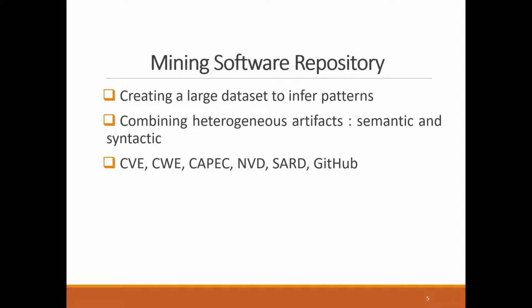And we have GitHub, which contains source code and all version information and commit messages of several projects. We want to combine all these data sets to create a super data set, and we have to mine software repositories in order to do that. That's how we will create a large data set containing both semantic and syntactic information from heterogeneous software artifacts.